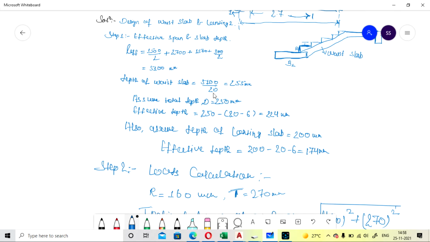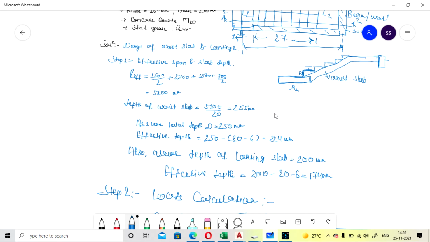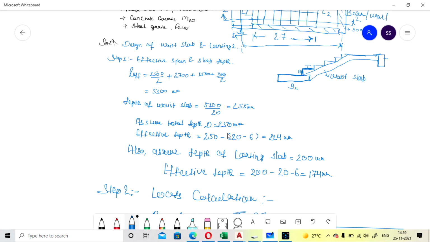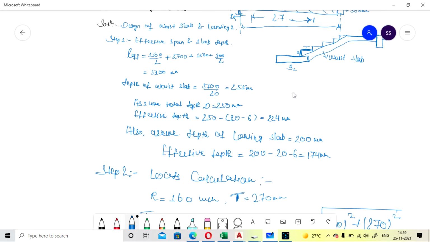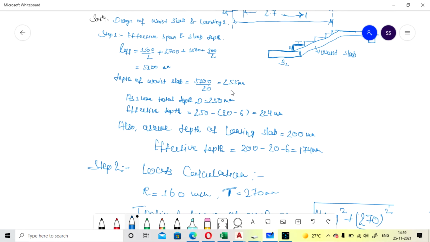If it is not safe in deflection, then we are going to change and design again. But for the initial, we are going to consider the total depth as 250 mm. You can take more than or equal to this, but don't take less than 20 mm from this.